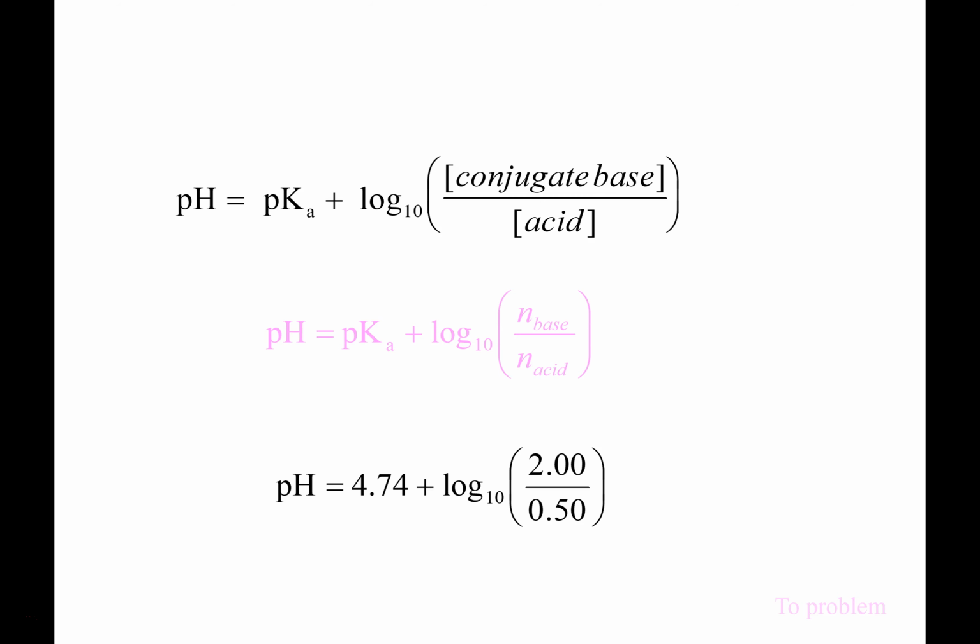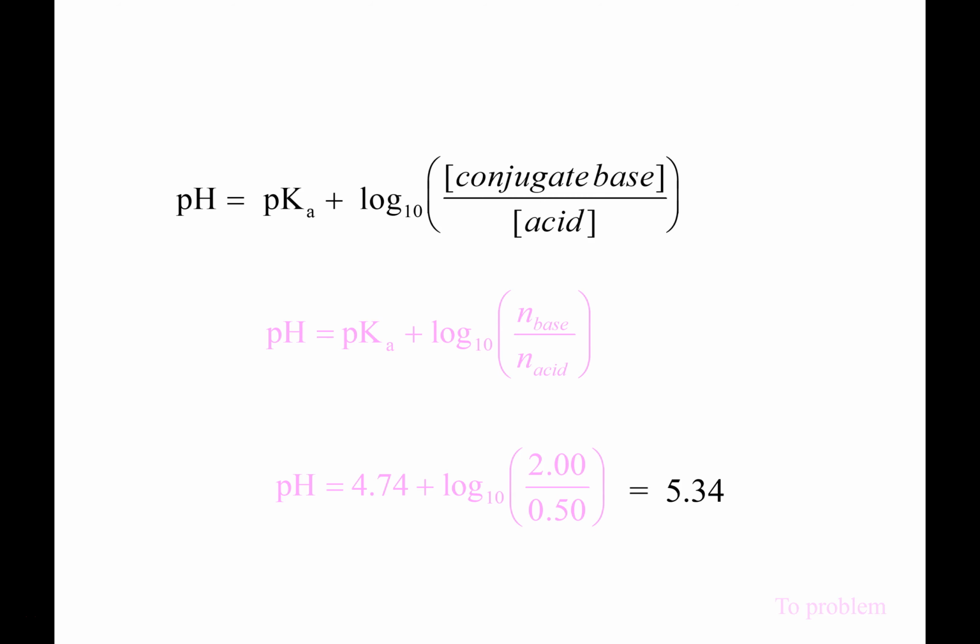Well, looks like I just jumped into that. I hope you guys know how to do that. I think you do. And then the log of the ratio of the moles, and it's always base over acid. So 2.00 millimoles of acetate ion over 0.50 millimoles of acetic acid remaining. Two sig figs.